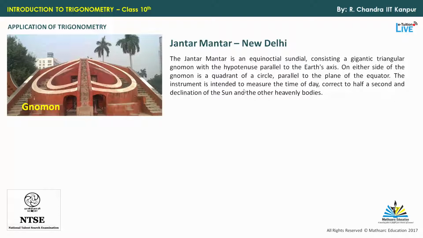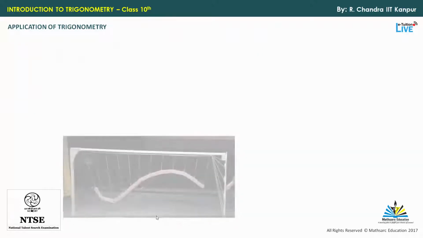The instrument is intended to measure the time of day correct to half a second, and the declination of the sun and other heavenly bodies. As you can see, there is a slope, and this slope is along the axis of Earth.